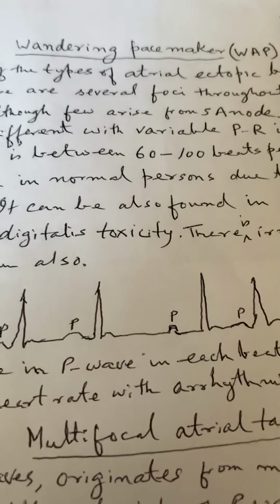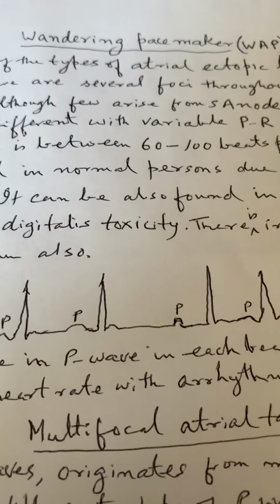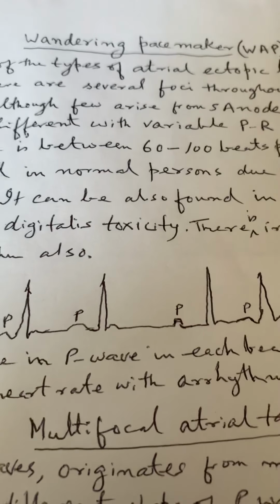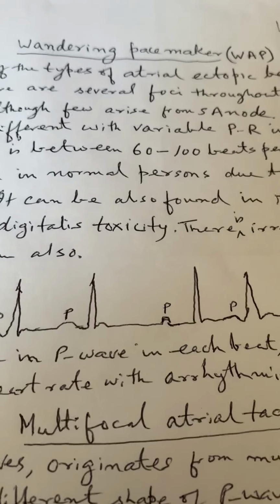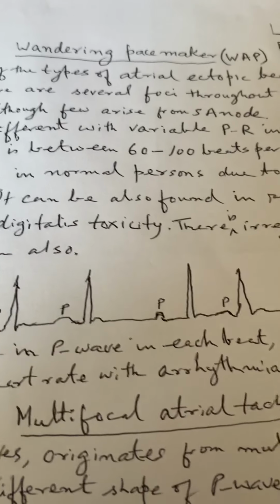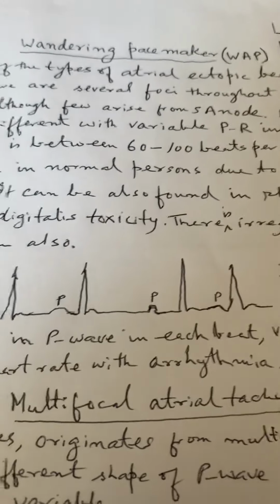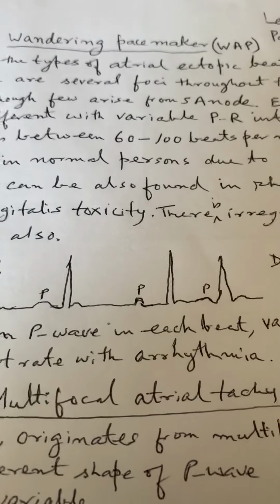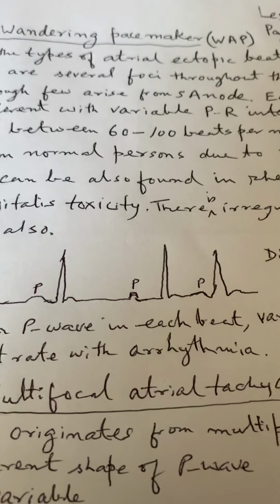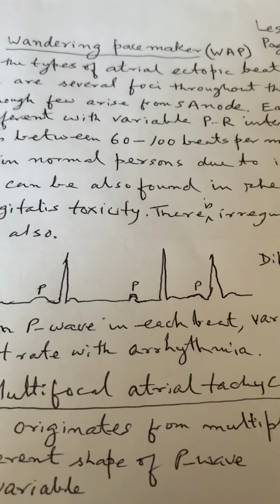We are discussing atrial premature beat or ectopic atrial beat, and a type of atrial ectopic is known as wandering pacemaker.